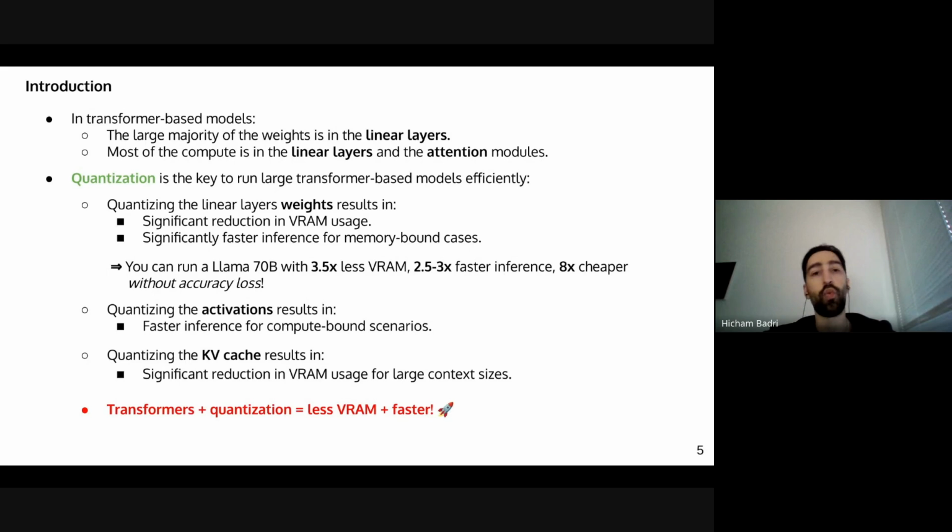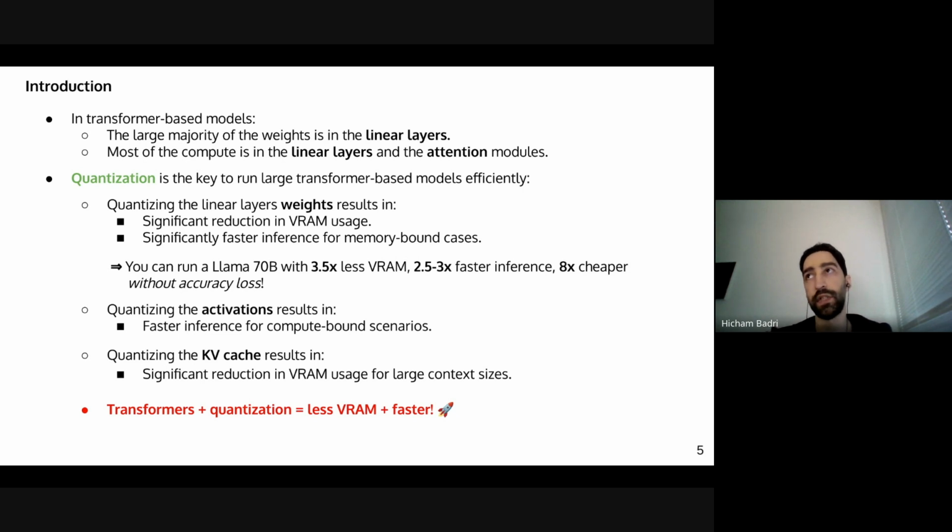So you can quantize the weights to reduce VRAM usage. And this also makes inference faster in what are called memory-bound situations. So this is where you have your batch size quite small. You can also quantize the activations, so you have both the activations and the weights quantized. You usually do this to accelerate inference for compute-bound scenarios.